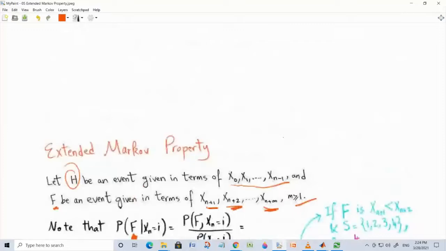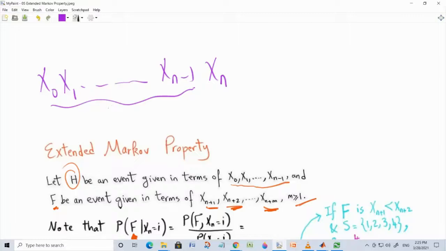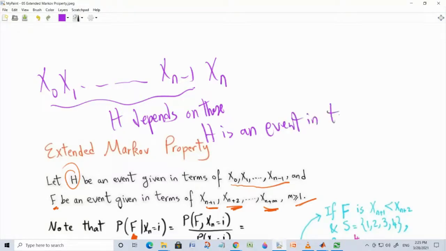Okay, so our guys now are those. We have x of n, and x of 0, x of 1, up to x of n minus 1. H depends on these, or you can say that H is an event in terms of these.